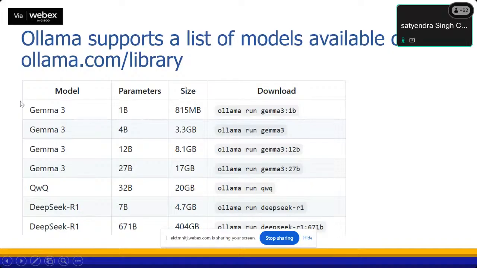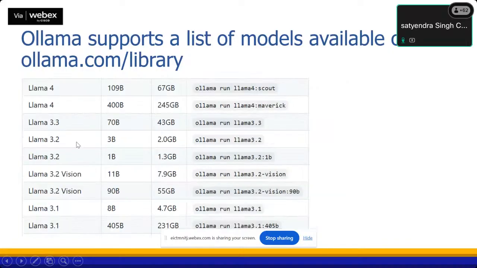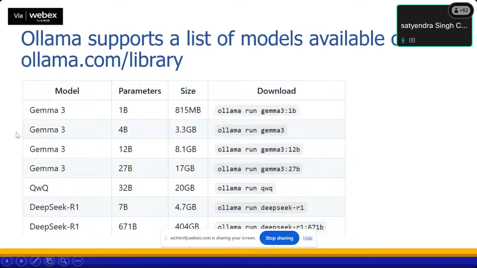For example, here you have a Gemma 3 model which comes in different sizes: the 1 billion parameter model has an 815 MB size, then 4 billion, 12 billion, and depending on the infrastructure available on your system, you can download any model. Like the DeepSeek R1 models, where the size is 404 GB and there are 671 billion parameters.